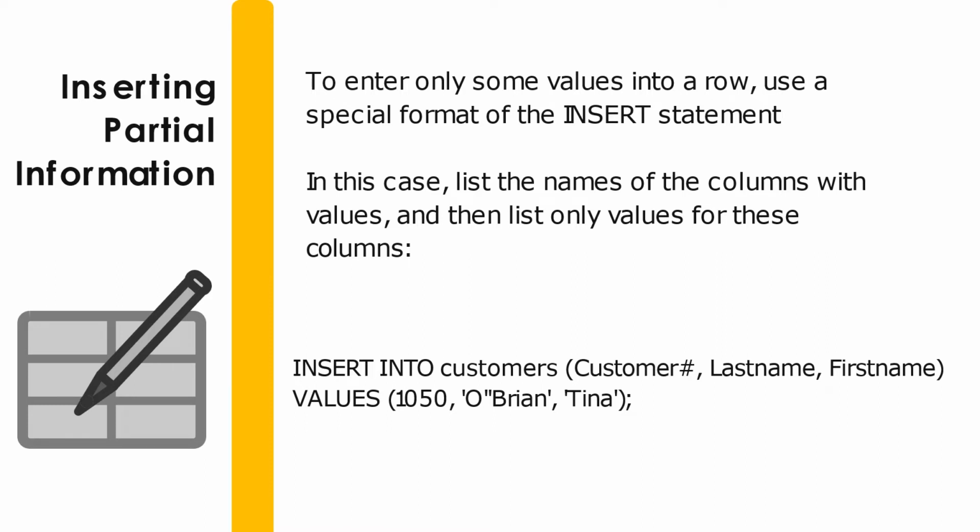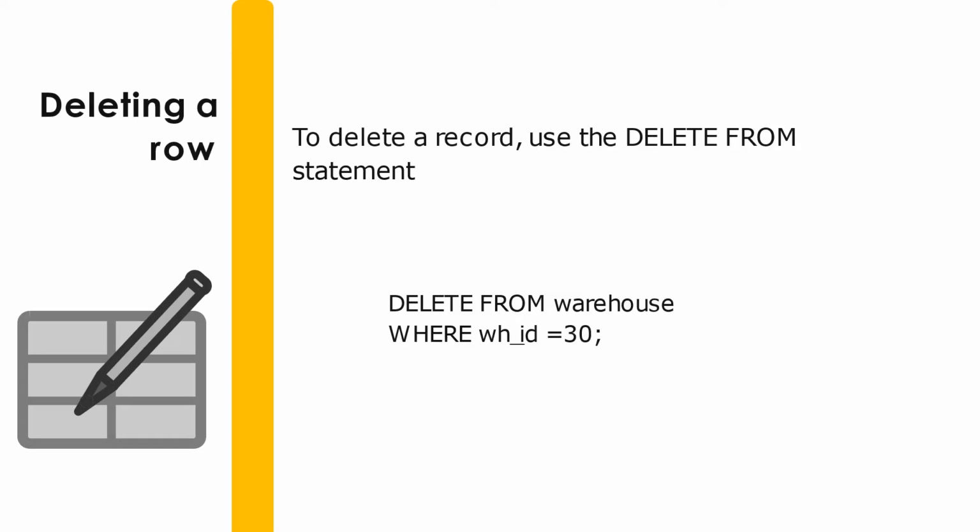If you have an apostrophe in your data, just use a double apostrophe so that you will be able to insert that data. Take note that if you do not specify the values for the other columns, they will automatically be assigned the value of null.